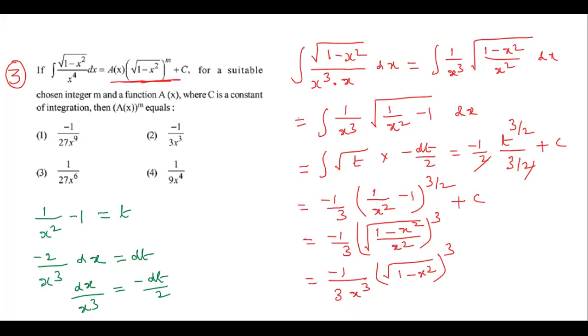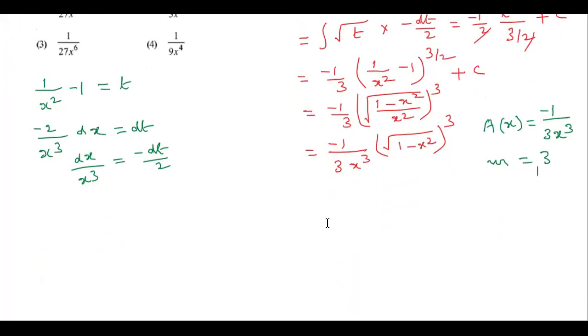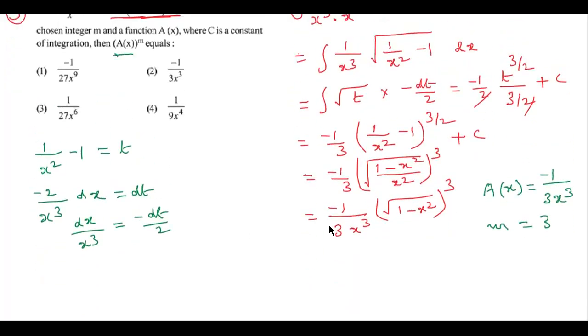So by observing the question and answer, identify what is a of x. A of x means minus 1 divided by 3x cube. Okay, then what is m value? M value is 3, but we need to find what? A of x whole power m.